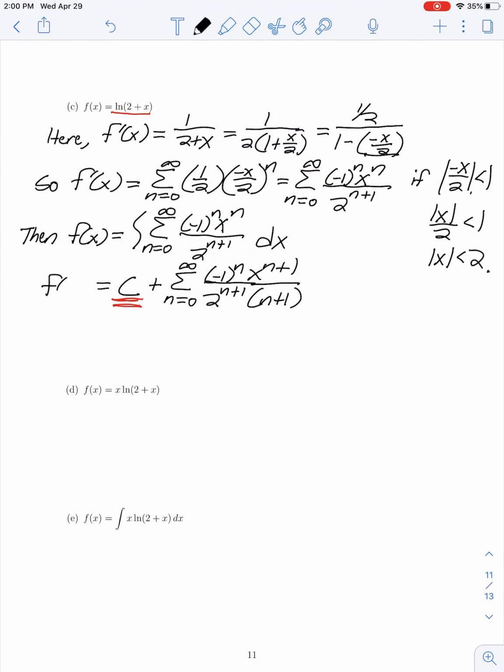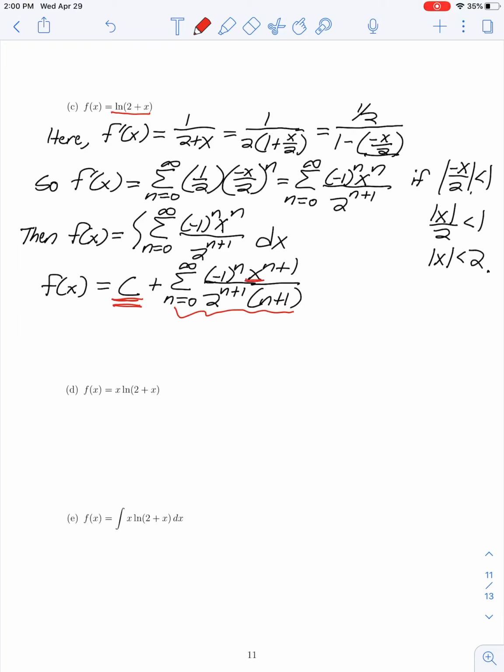What we just found is an expression for f of x. So we can solve for our constant c if I were to use a specific initial condition. And let's think about what condition I want to use here. So to isolate c, I want to kill off all of these other terms in my series.